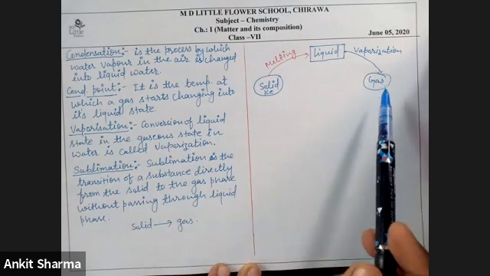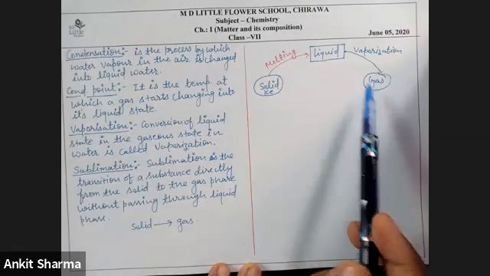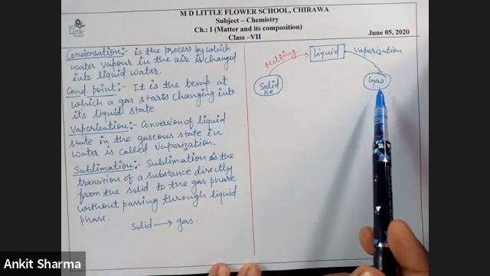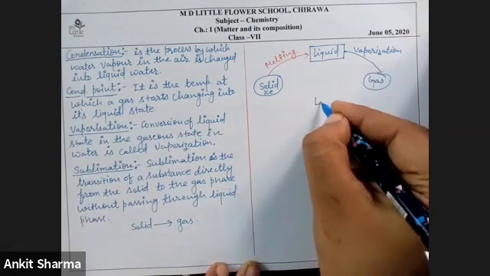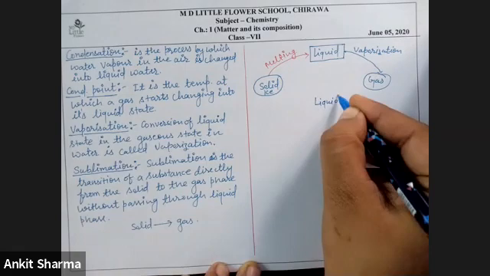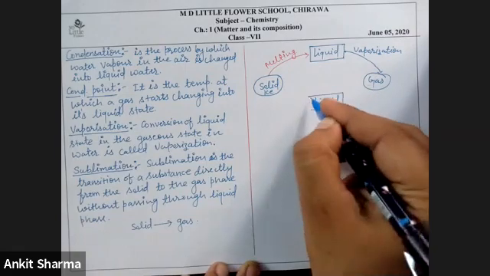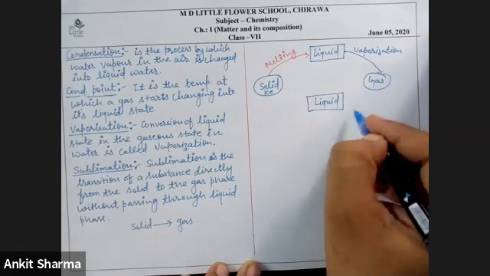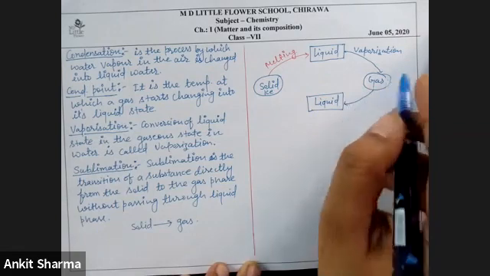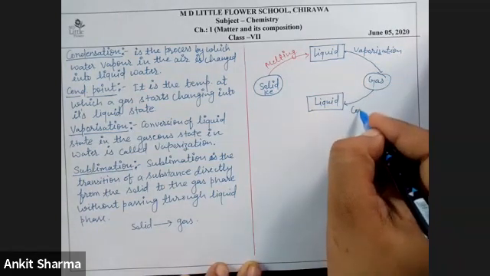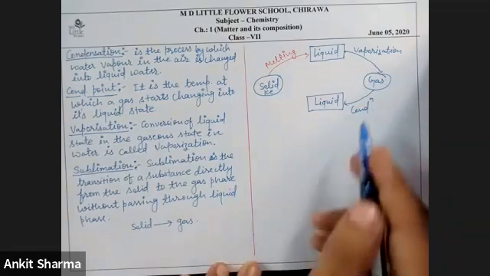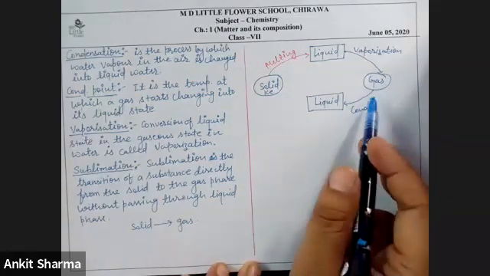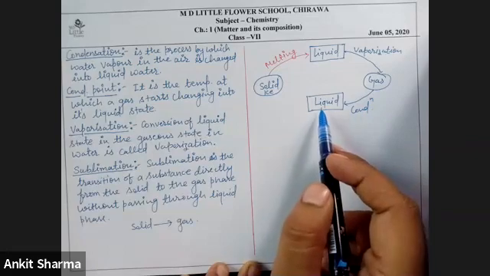If we condense that gas, then it will be converted into liquid. So we'll write here liquid, and we will apply the condensation process. By applying condensation, that gas will convert into liquid.